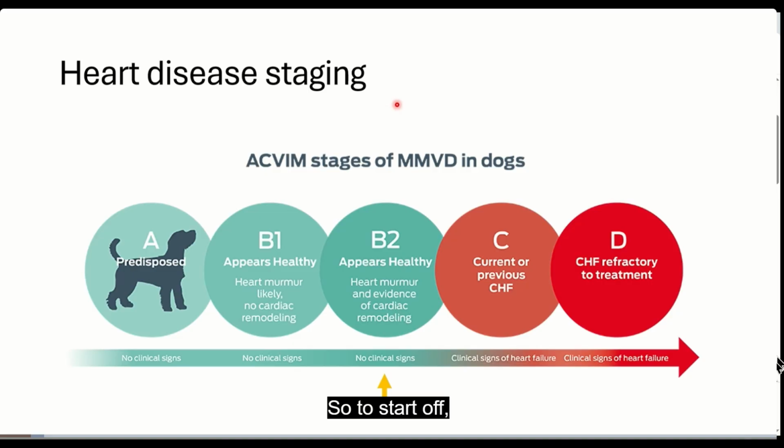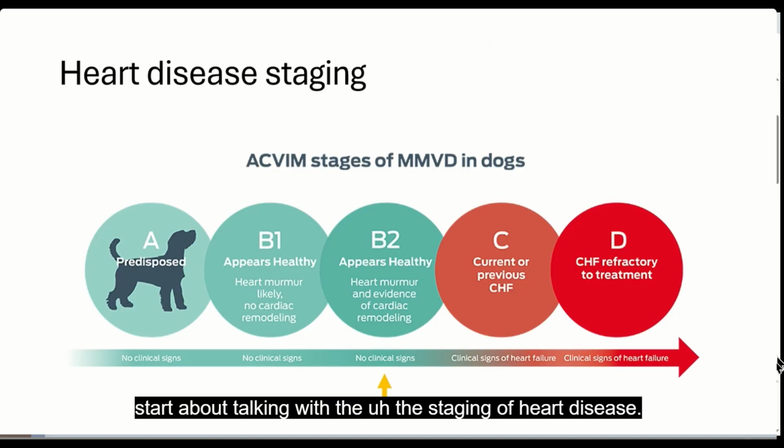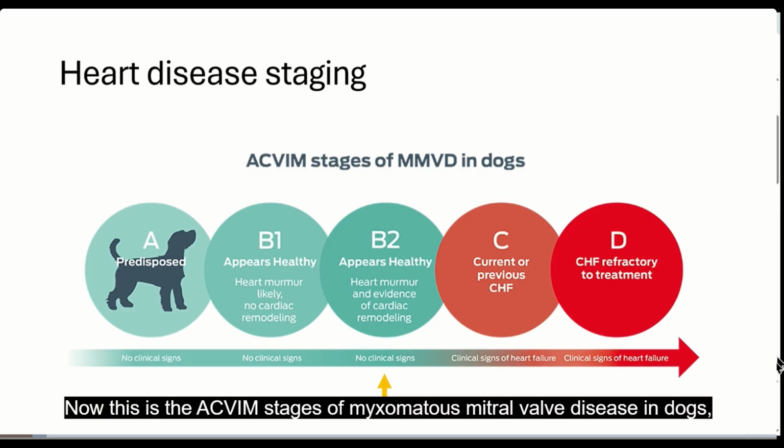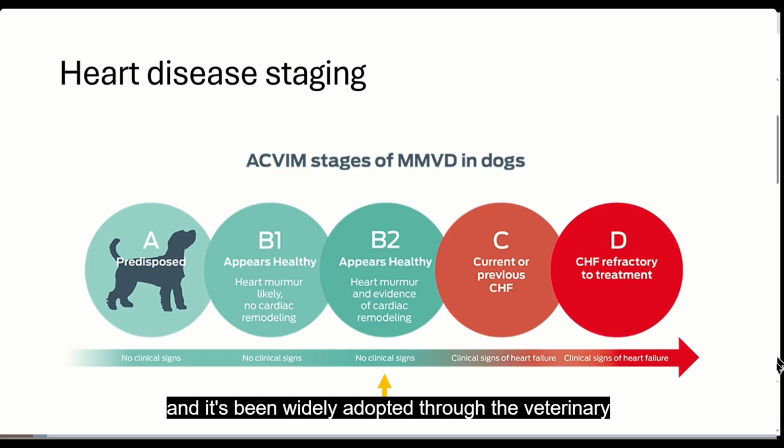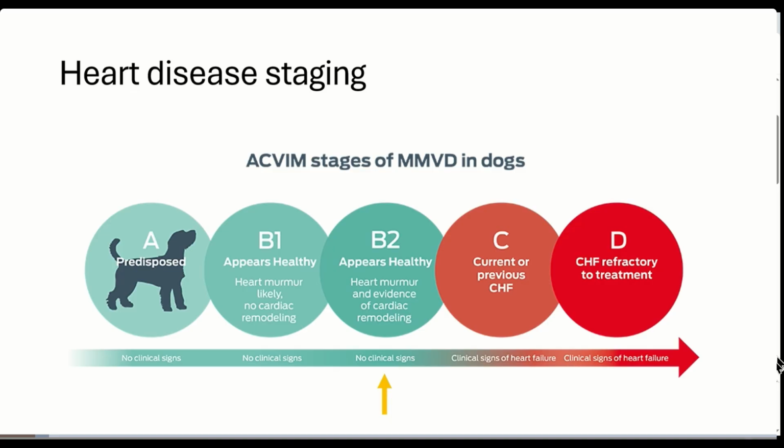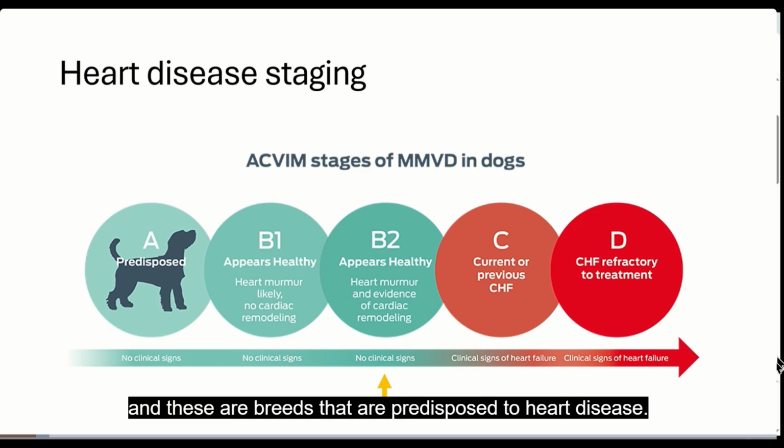So to start off, it's good to talk about the staging of heart disease. Now this is the ACVIM stages of myxomatous mitral valve disease in dogs, and it's been widely adopted through the veterinary world as a really good way of grading the heart disease processes that your patient is going through. So we start with a stage A, and these are breeds that are predisposed to heart disease.